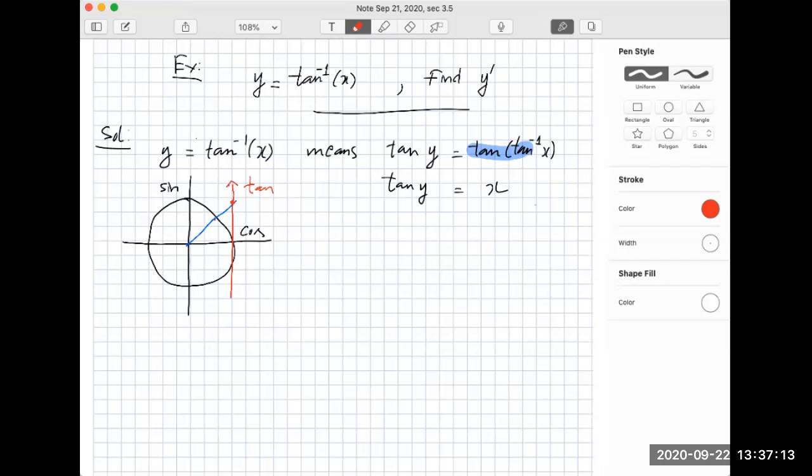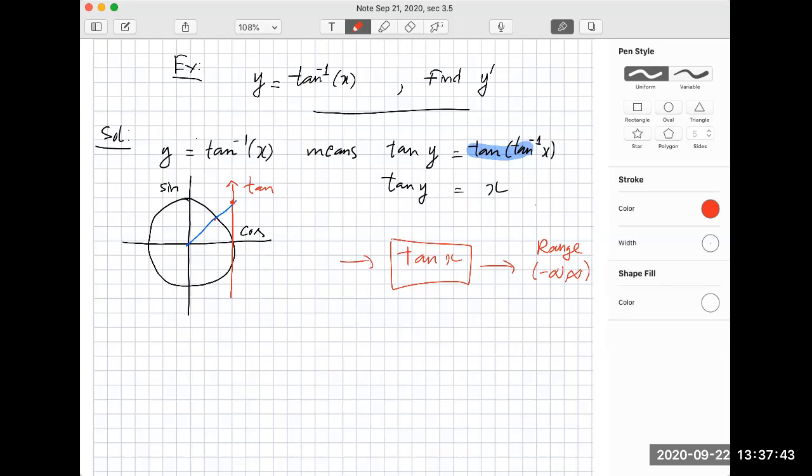So the range of tan will be from negative infinity to infinity. Let us talk about the tan function. We know that the range of it is from negative infinity to infinity.